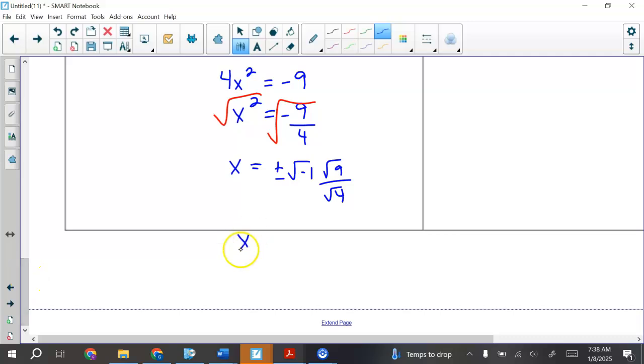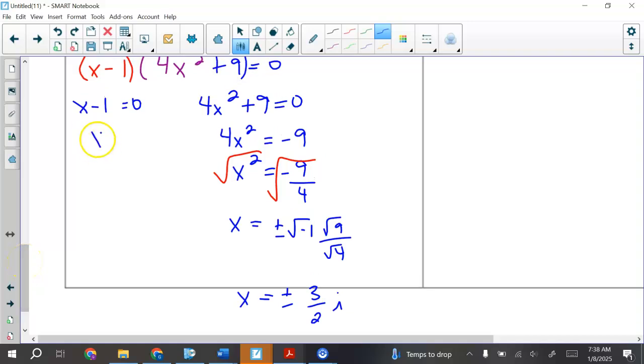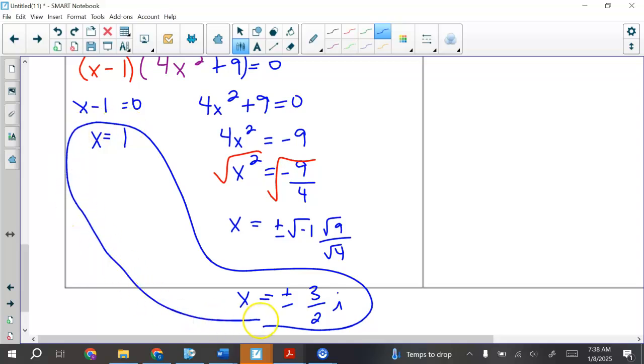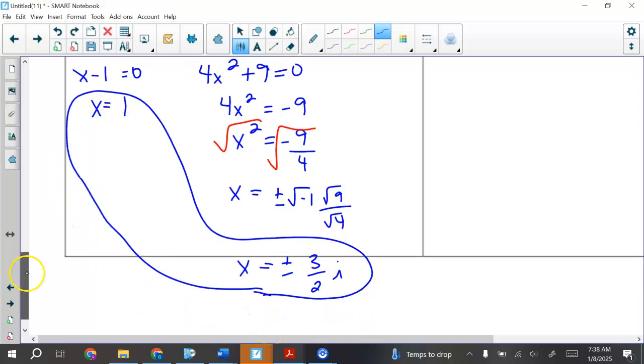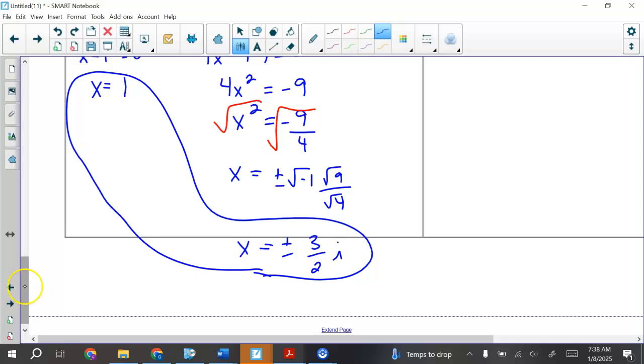So that it becomes x equals plus or minus, square root of 9 is 3, square root of 4 is 2, and then square root of negative 1 is I. Forgot to finish that first one. And x equals 1. So x equals 1, and plus or minus 3/2 I. All right, go ahead and pause the video and try that last one.